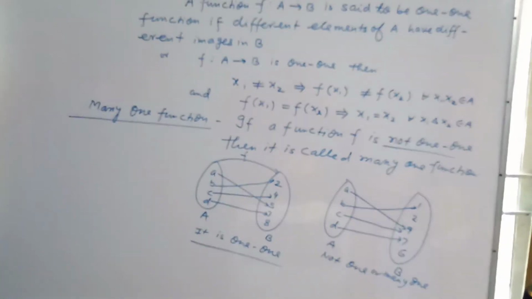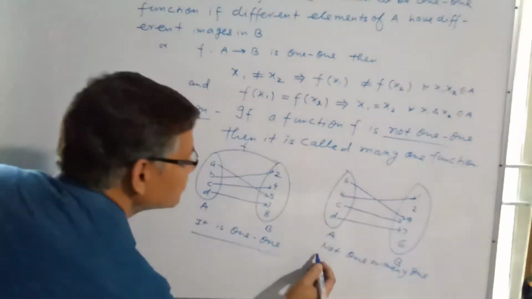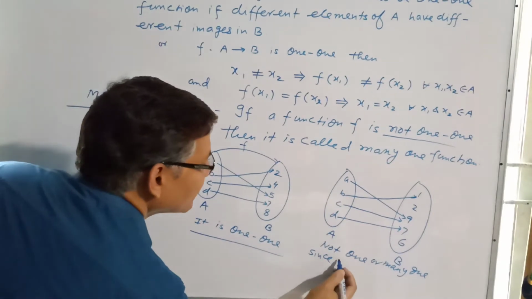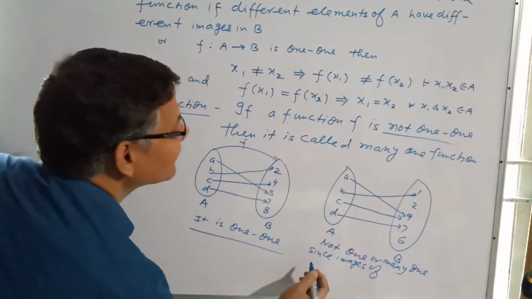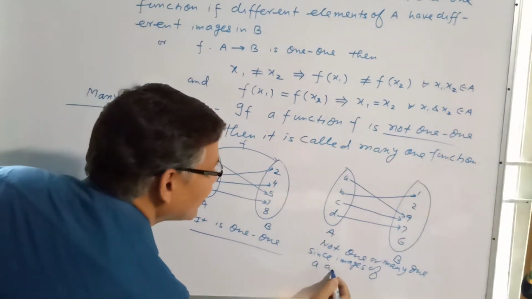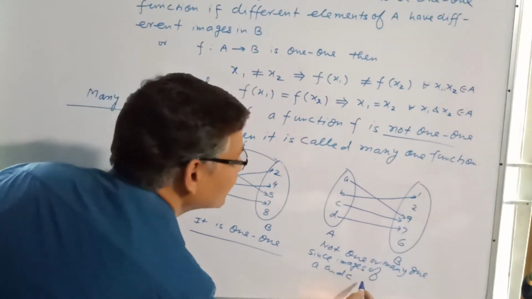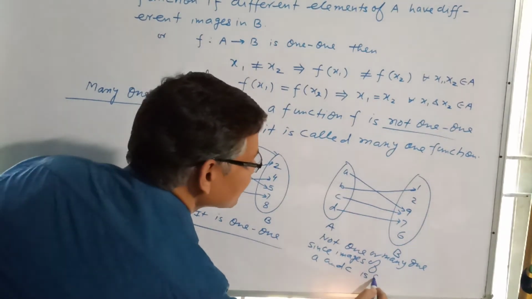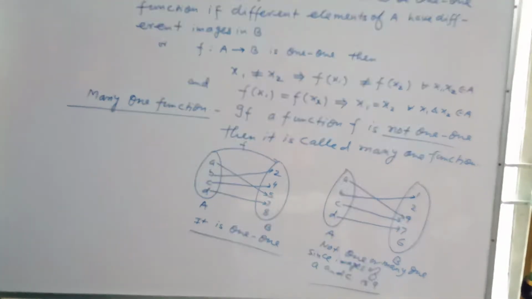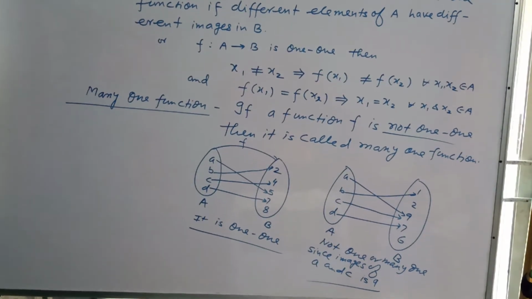Why we say it is many-one? Since images of a and c are the same, that is 9. That's why it does not follow the definition of one-one function.